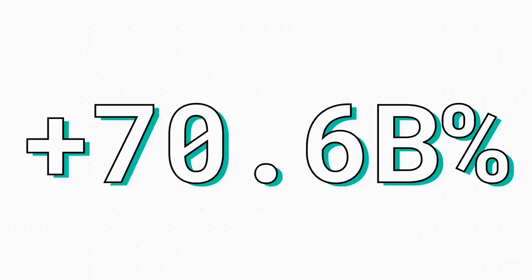I mean, just look at this number. It's wild. Back in Germany in 1923, the inflation rate hit over 70 billion%. That meant prices were literally doubling every few days. People's savings wiped out. The money you had in the morning couldn't even buy you a loaf of bread by the afternoon. It's just mind-boggling.